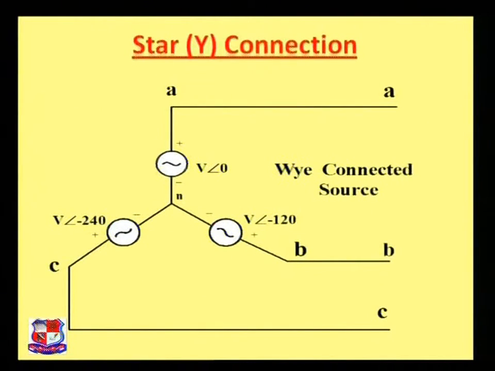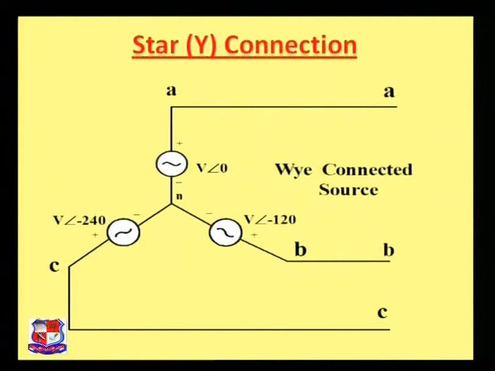Now this is again the configuration of the star. The star connection is also known as the Y connection because it looks like the symbolic representation of the letter Y, where the lines A, B and C are characterized by angles. For example, if A is your reference line, it is at 0 degrees.